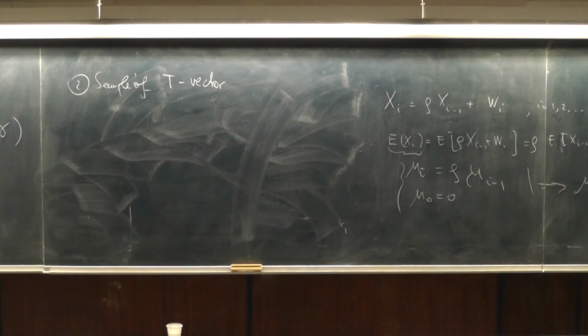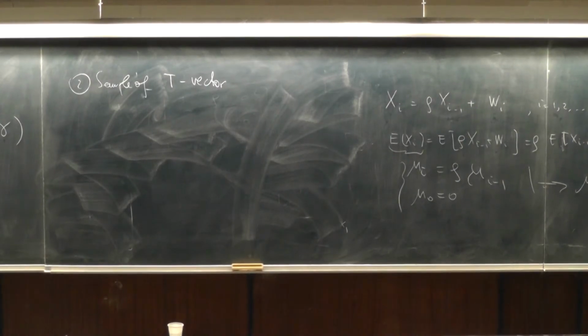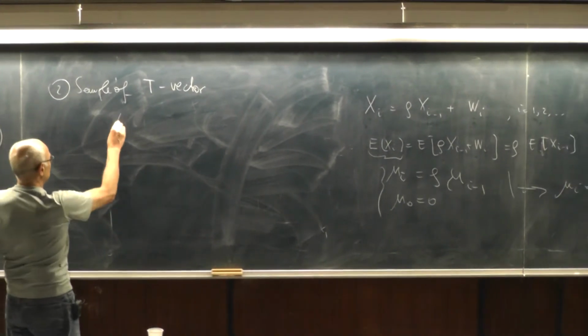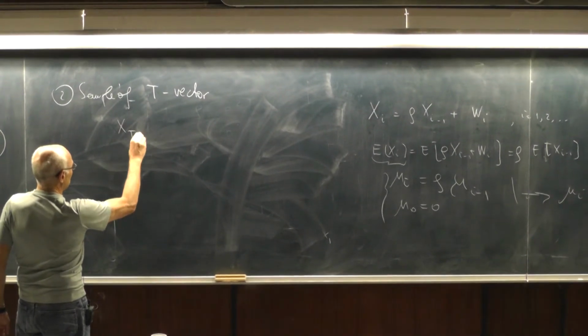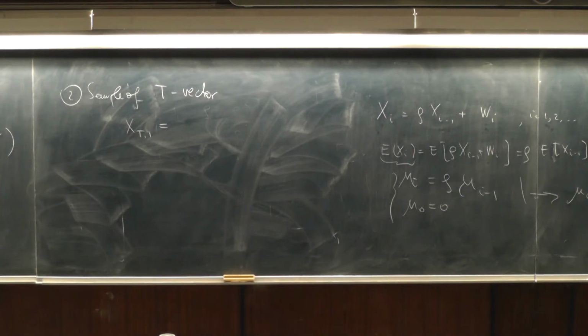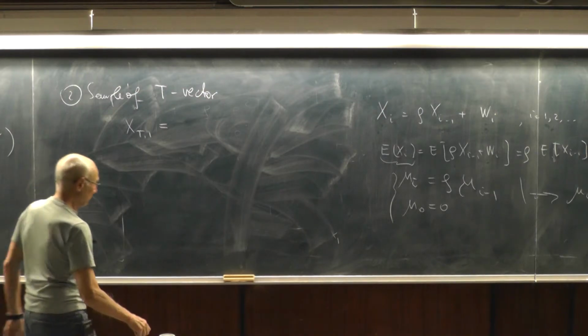So our x1, x2, and x3 are good because they are standard 0, 1, and they are dependent, right? So tell me what x translation 1 wants to be. Exponential. So let's figure it out.